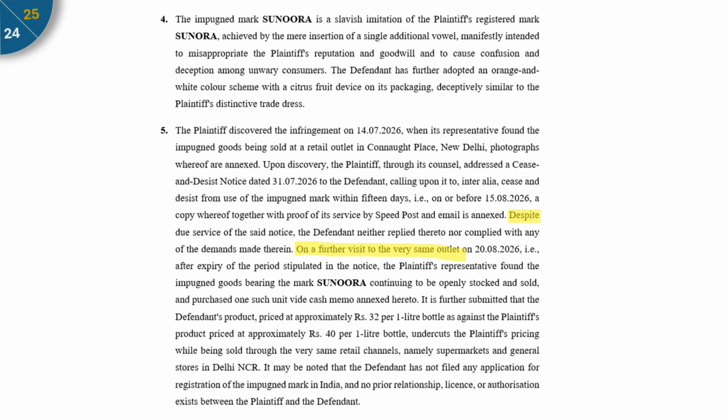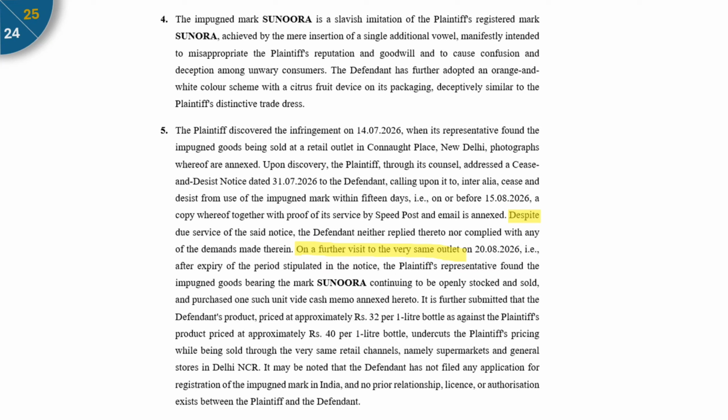So for the first, you read it here as: the plaintiff discovered the infringement on 14th 7/26 when its representative found the impugned goods being sold at a retail outlet in Connaught Place, New Delhi, photographs whereof are annexed.